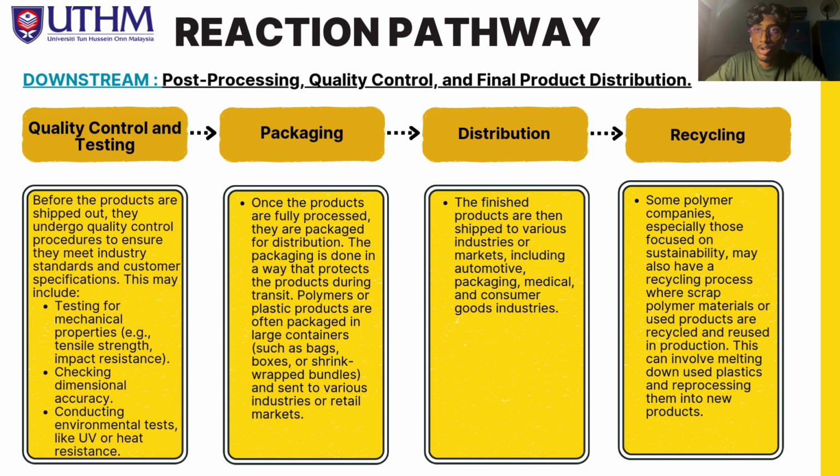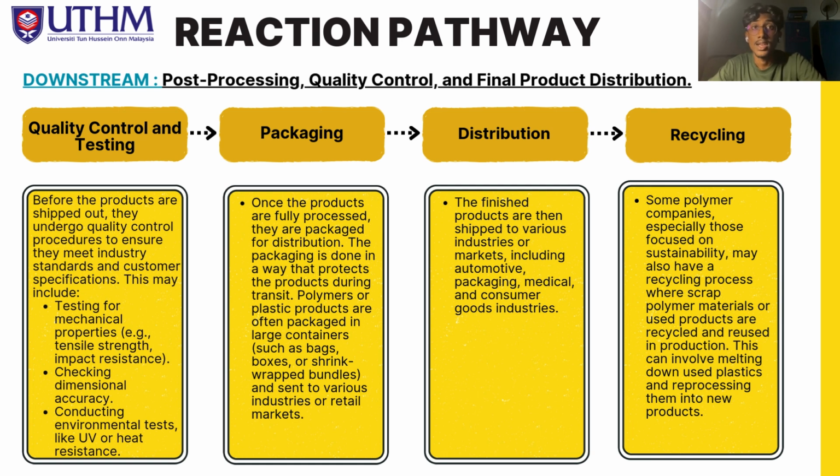For example, polymer or plastic products are often packaged in large containers such as bags, boxes, or even shrink wrap bundles, and sent to various industries or retail markets, like I said earlier. Then the distribution process occurs, where the finished products are shipped to various industries or markets, including automotive, packaging, medical, and consumer goods industries.